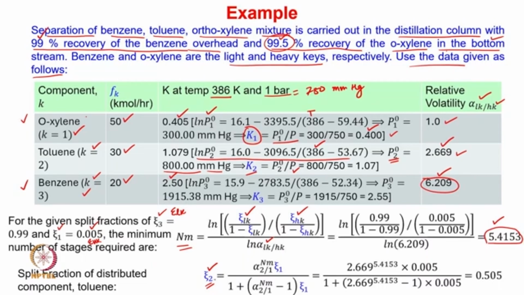So in this case, zeta 2 is given as alpha 2 by 1 raised to the power Nm divided by 1 plus, in the bracket, alpha 2 by 1 raised to the power Nm minus 1, into zeta 1. Here Nm is the power.